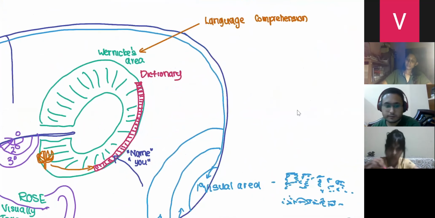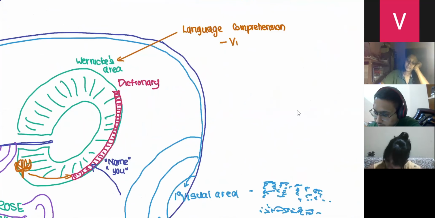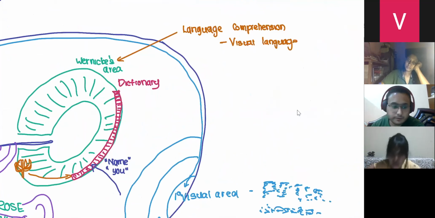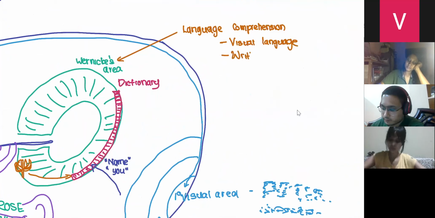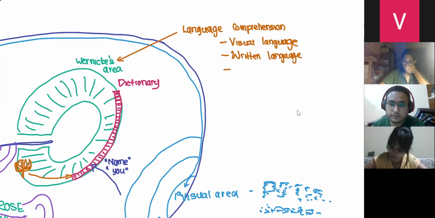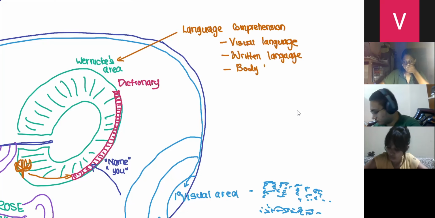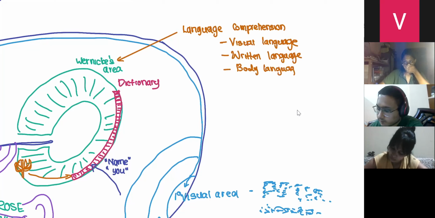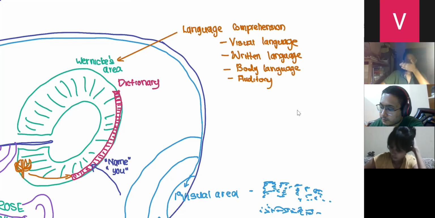It understands what is told visually using visual language, written language. There are different types of languages. Body language, from auditory. So whatever input comes, it could be visual.